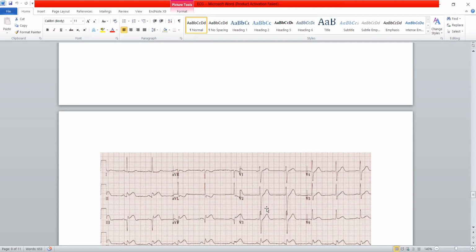So leads 2, 3, aVF are involved. Which wall of the heart is involved in this ECG? Inferior wall MI. And which artery is blocked?